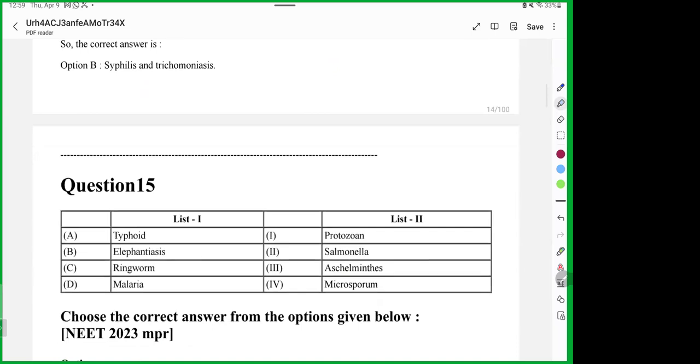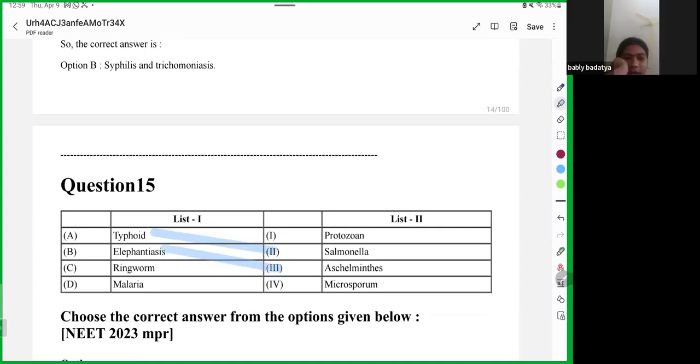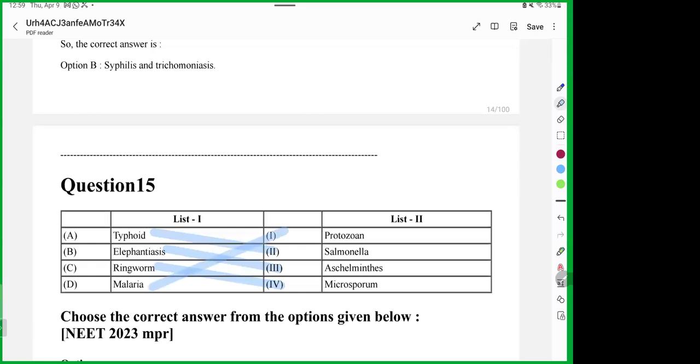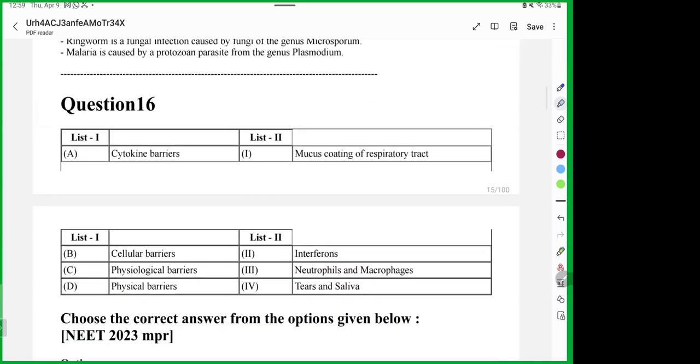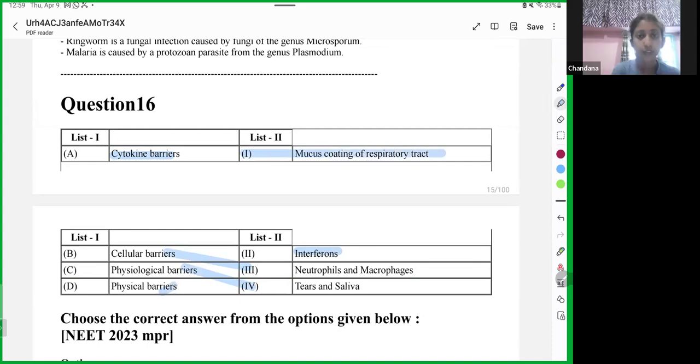Next, Pratigya: typhoid, elephantiasis, ringworm, malaria. Next, Chandana: cellular, physiological, physical, right?